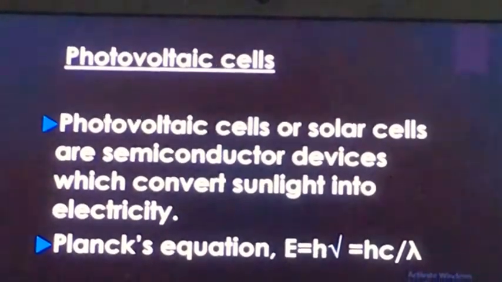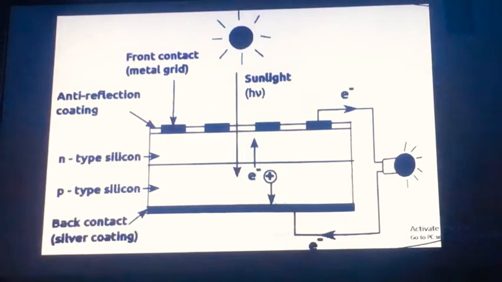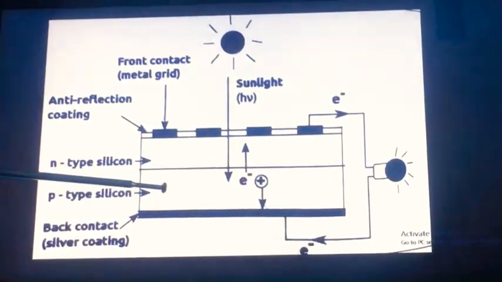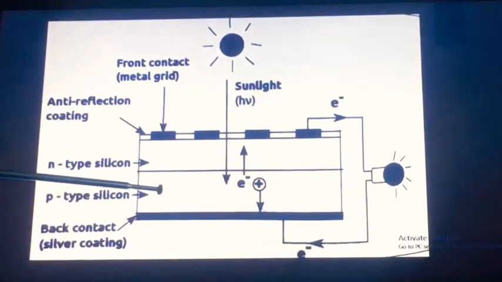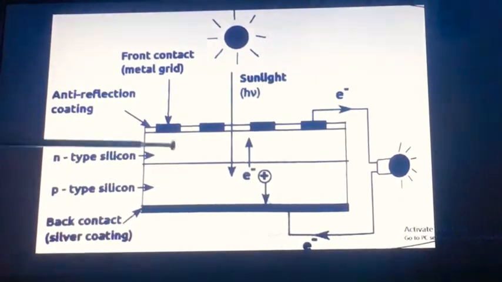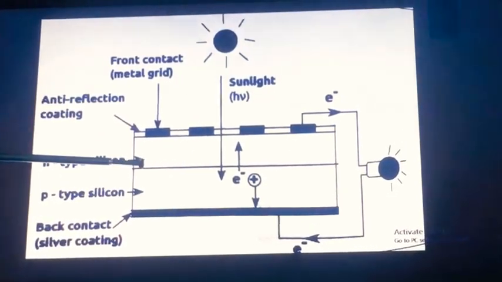To see the construction and working of a photovoltaic cell: a photovoltaic cell has a thin layer of N-type silicon and a thin layer of P-type silicon joined together. When N-type and P-type silicon are joined together, it results in the formation of a PN junction diode.